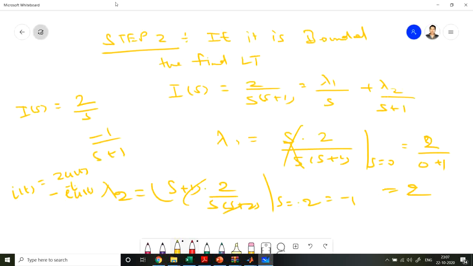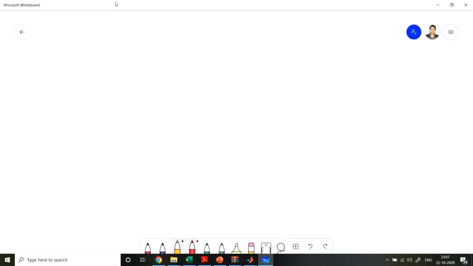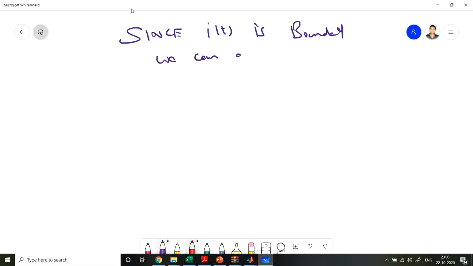So it is bounded. Since it is bounded, we can apply the final value theorem.